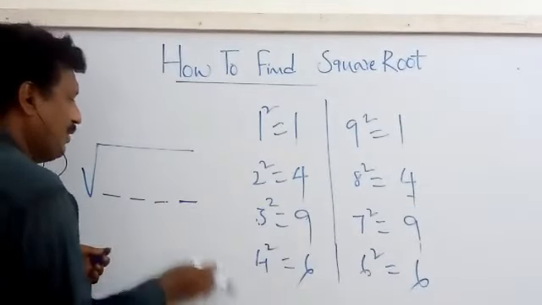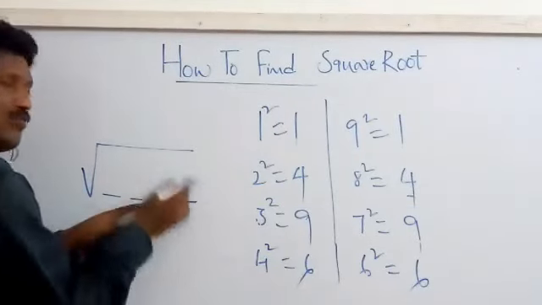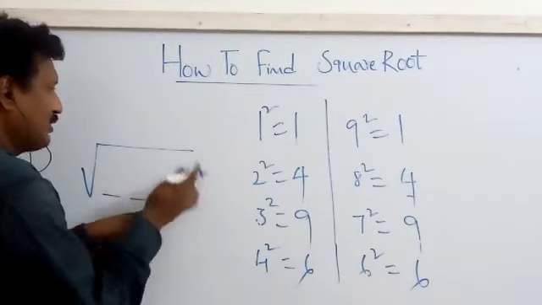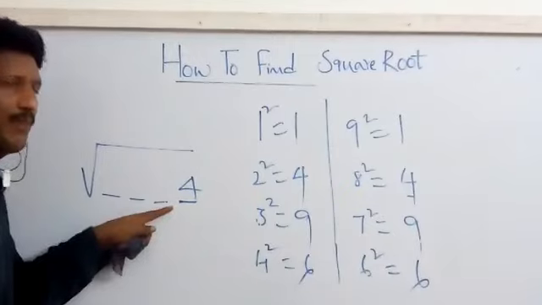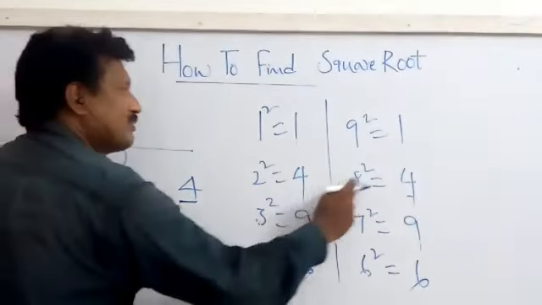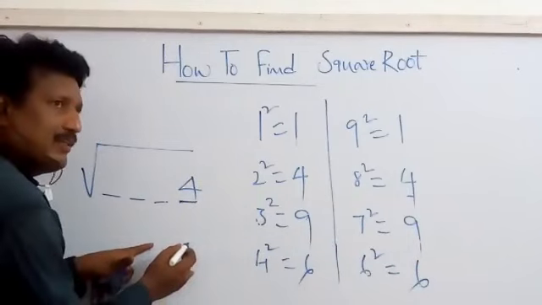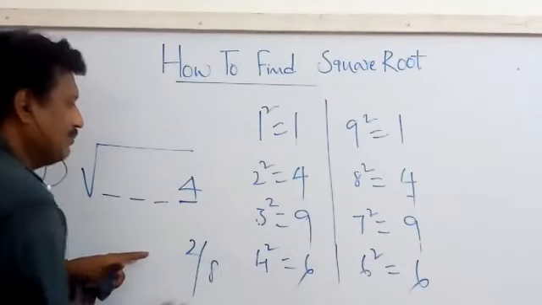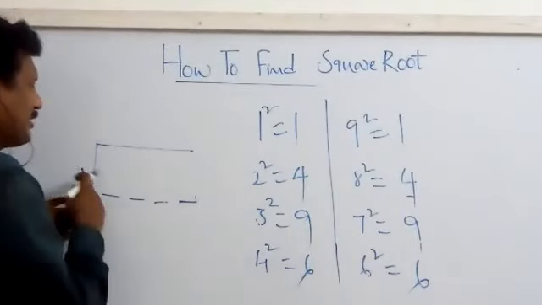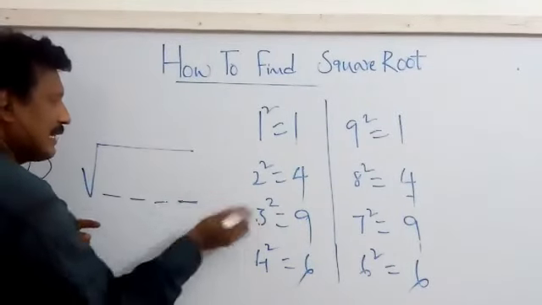Suppose here in this square root form, we are discussing only the unit place, and it is a 4. So the coming answer should have in the unit place 2 square 4, 8 square 4, which means the answer must have either 2 or 8 in the unit place. Suppose at the same time in this root form the unit place is 9.